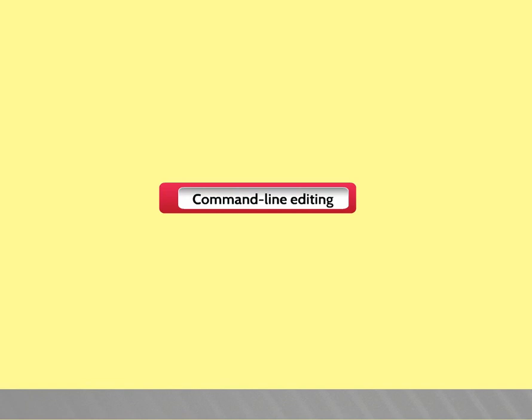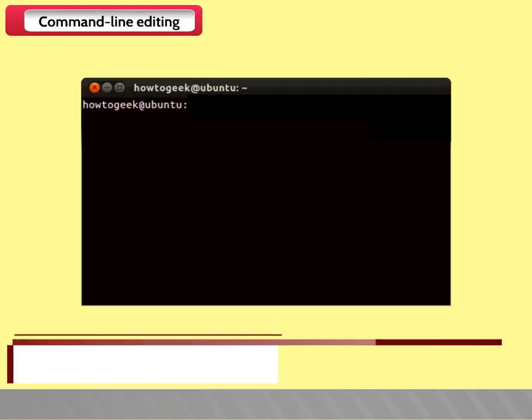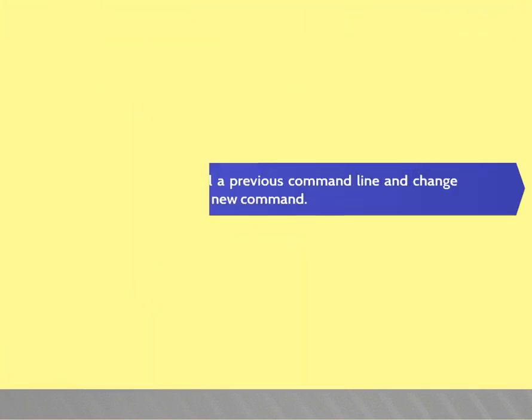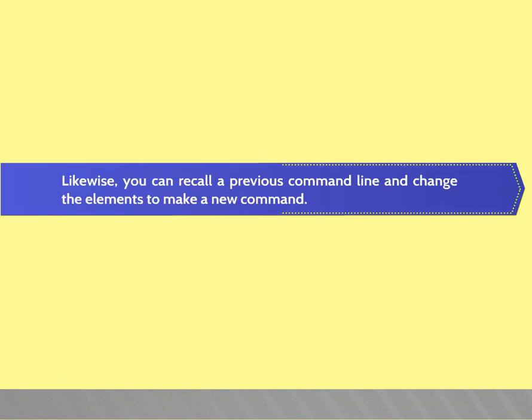Command line editing. If you type something wrong on a command line, the bash shell ensures that you don't have to delete the entire line and start over. Likewise, you can recall a previous command line and change the elements to make a new command.